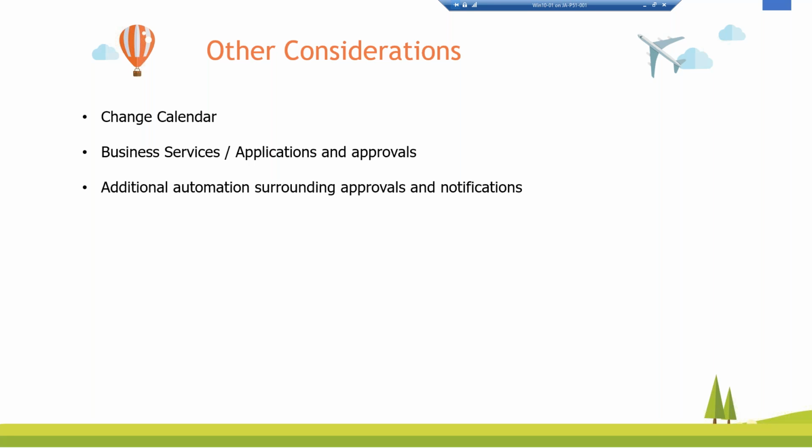Also have a look at the business services within your environment: what CIs are related to what business service that you have, line of business applications, those sorts of things inside your organization. And of course, setting up specific approvals for those individual business services. Also have a look at more of the additional automation and surrounding things like approvals and notifications.